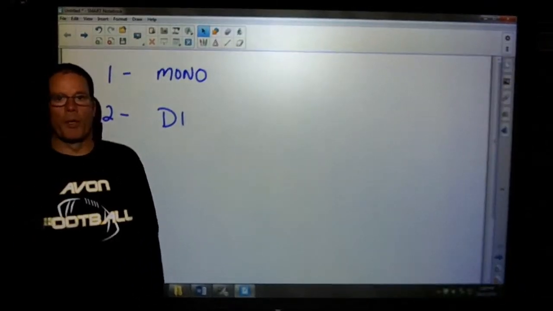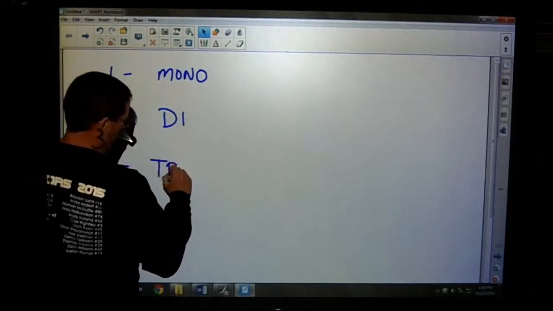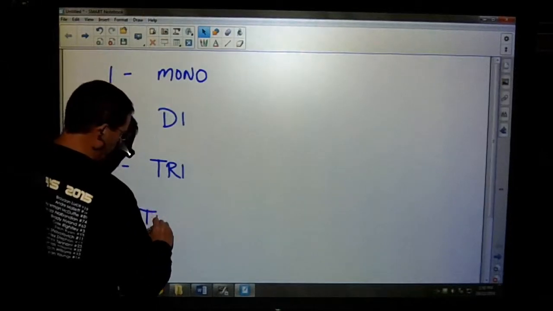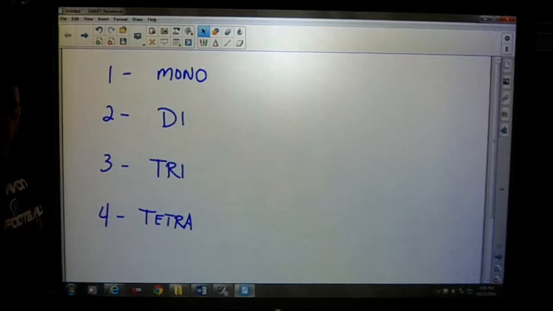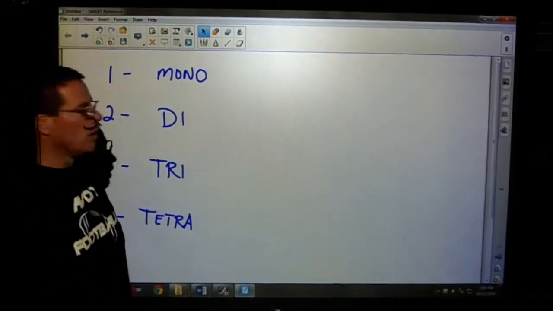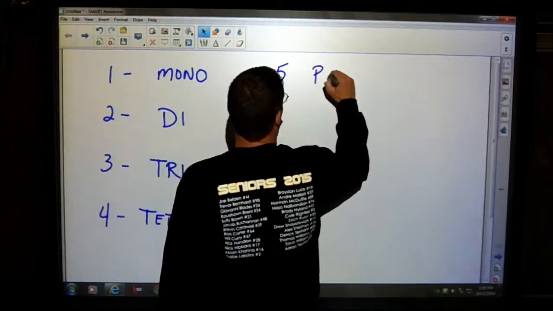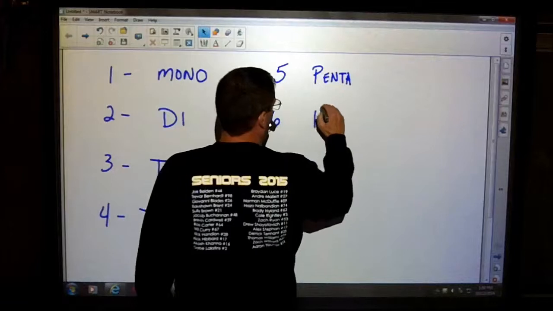We're only going with the Greek prefixes. 3 is tri. 4 is tetra. So you may have played the game Tetris before, and hence the name, the 4 blocks, Tetris. 5 is penta. So penta. 6 is hexa.